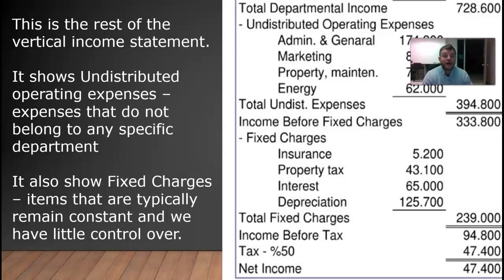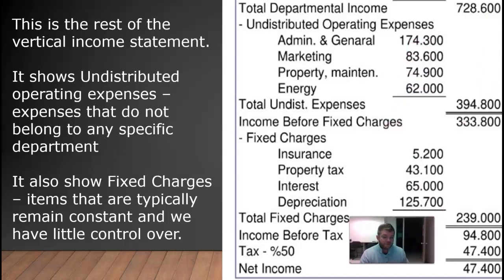But we do have some undistributed operating expenses, which would be very difficult to assign to a particular place, as well as some fixed charges. Again, very difficult to assign insurance and interest and depreciation to a dining room versus a bar or versus the rooms division. So as we go through this lesson, I will bring up a way of how we would split those up.